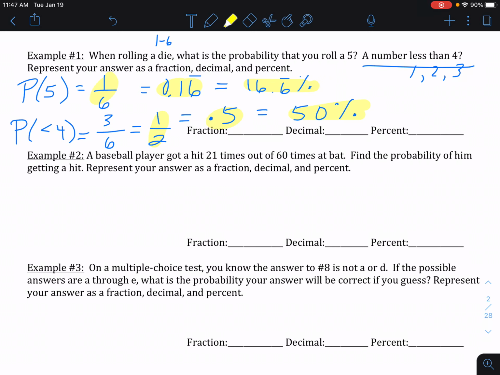Example 2, a baseball player got a hit 21 out of 60 times at bat. We're going to find the probability of him getting a hit. So we write probability of getting a hit is 21 out of 60. We must reduce it.